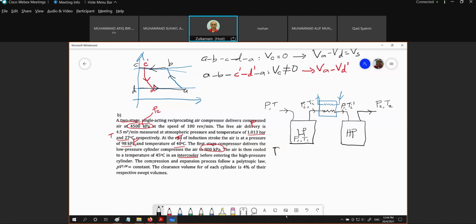What is our P? This is our P, 1.01 bar. Let me put that straight to kPa, 101.13 kPa. T is 27 degrees C, equivalent to 300 Kelvin.